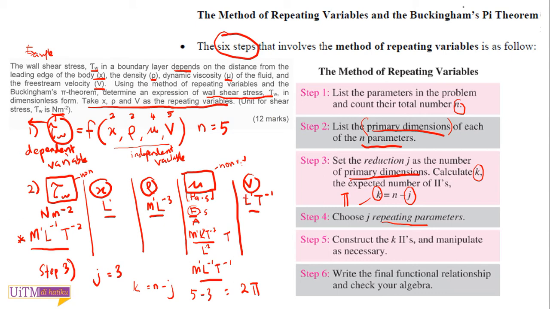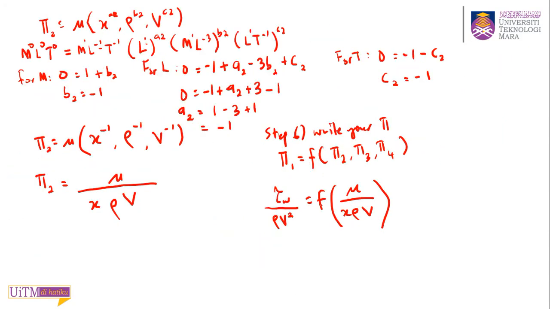So we have to write our final function as tau equals something. So tau will equal, we bring all this term to the other side, rho v squared times a function of mu over x rho v. So this will be your final answer, your expression for shear stress.